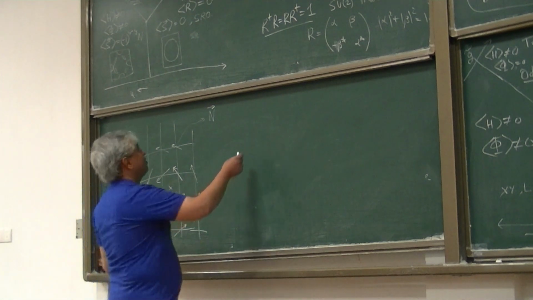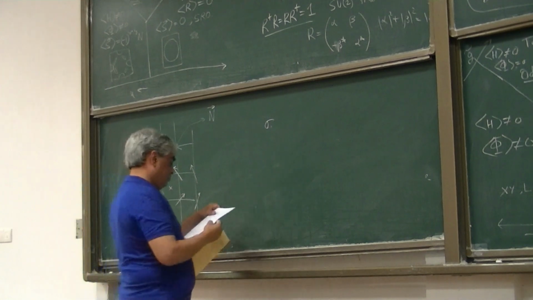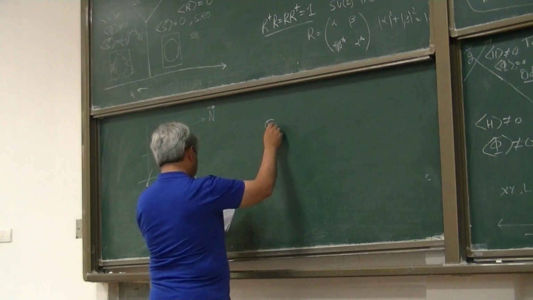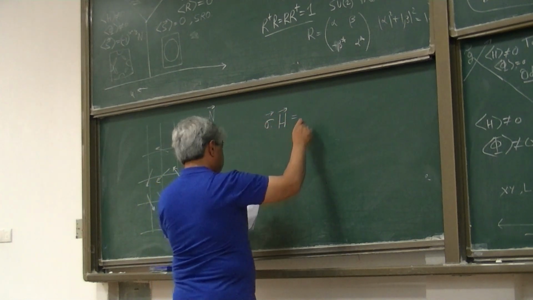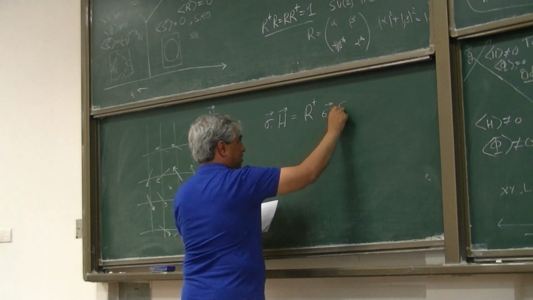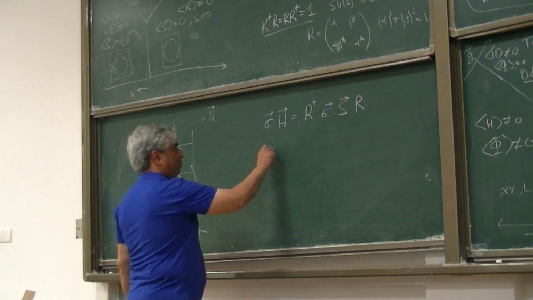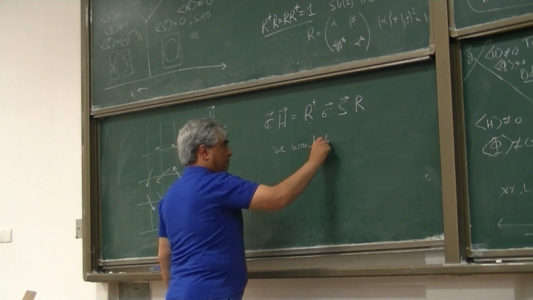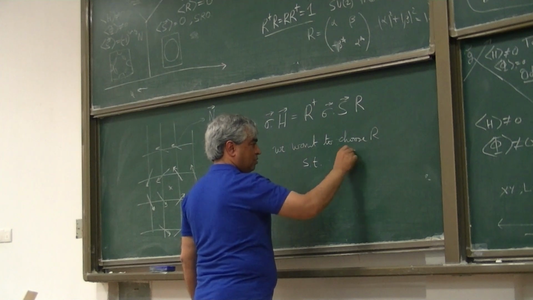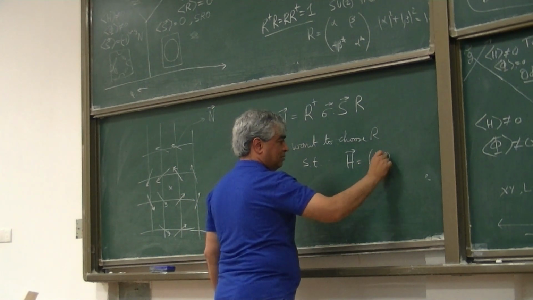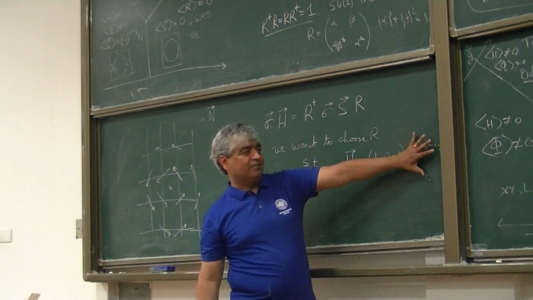So you want to pick an R. So remember, we know that sigma dot H is equal to R dagger sigma dot S times R. So the idea is for this vortex, we want to choose R such that H equals, let's say, the matrix (1, 0; 0, -1), which is sigma x. Okay, let's not worry about this, I just dropped that factor everywhere.